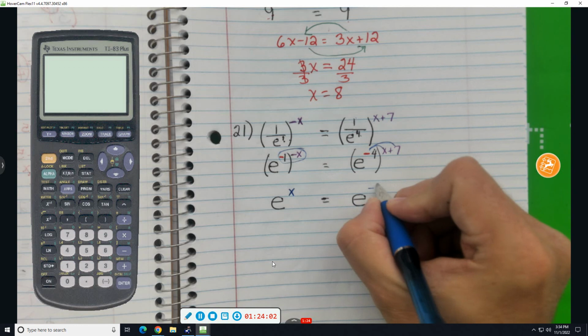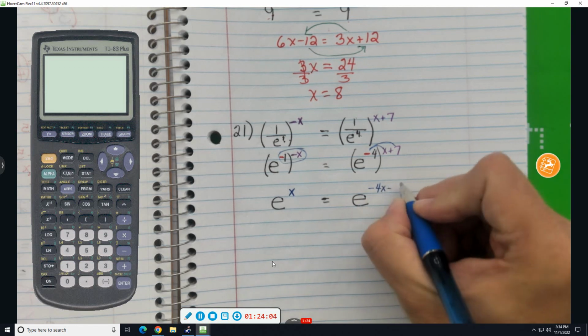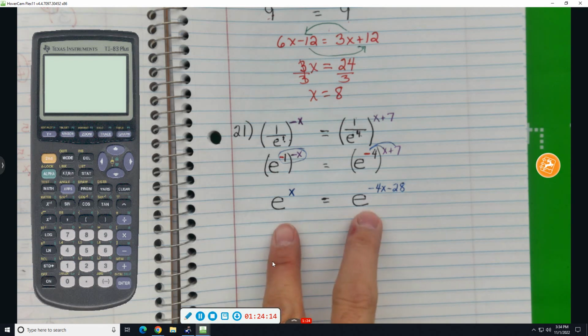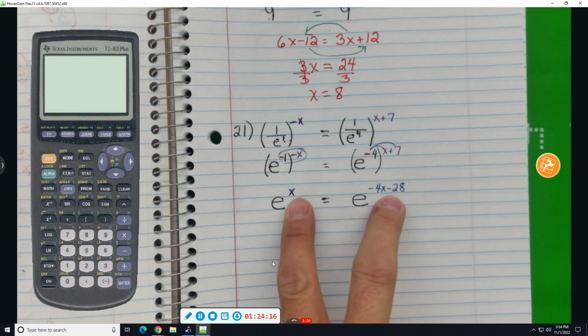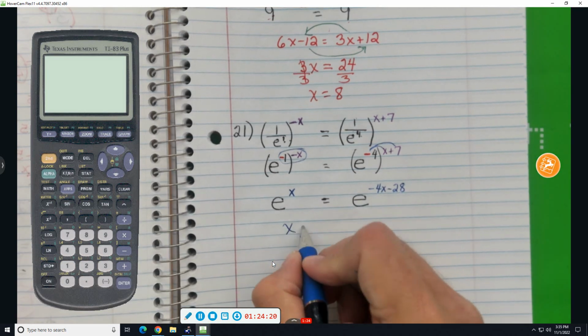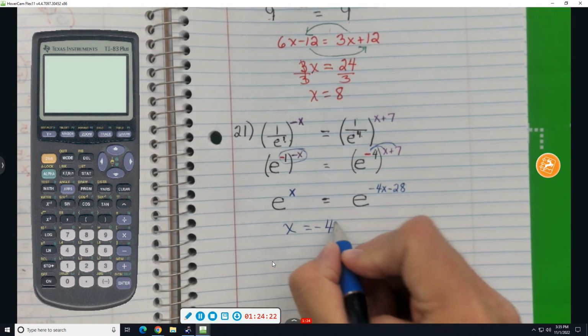Did y'all hear that? Negative 4x minus 28. And am I going to write down any more e's on this problem? No. The bases are the same, the exponents have to be the same. So we just write it. Drop the e's.